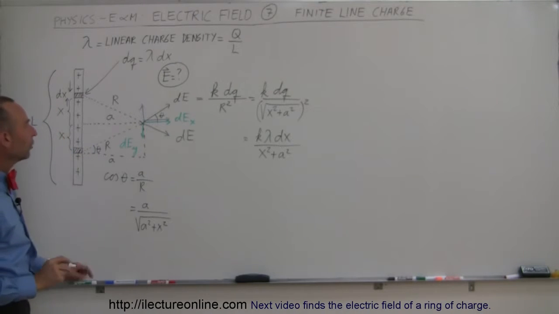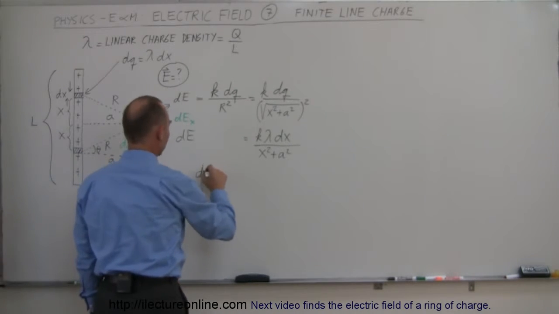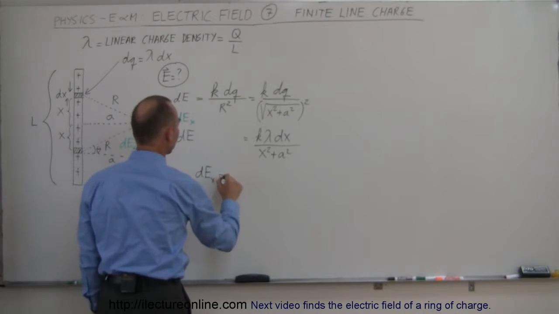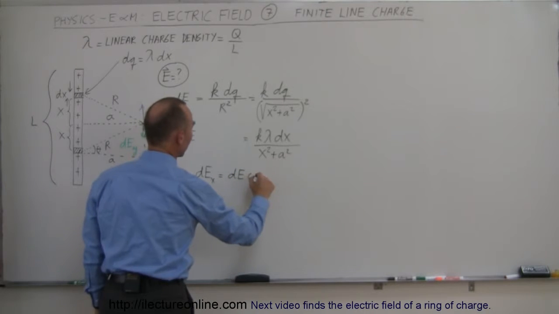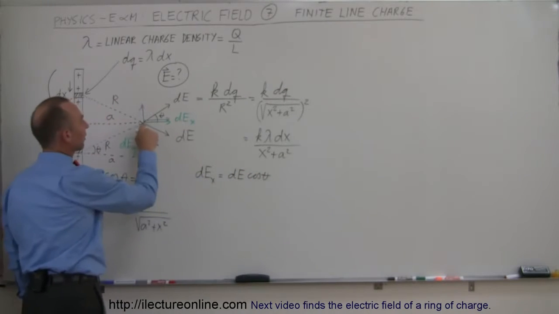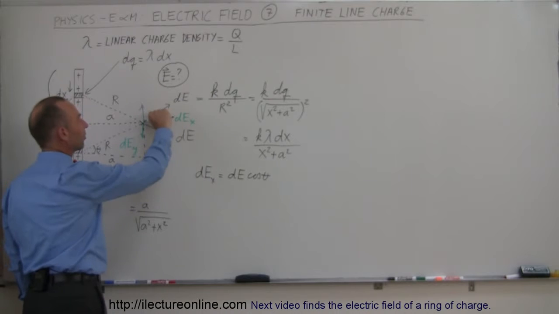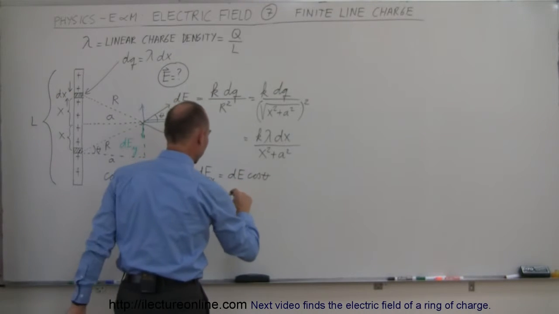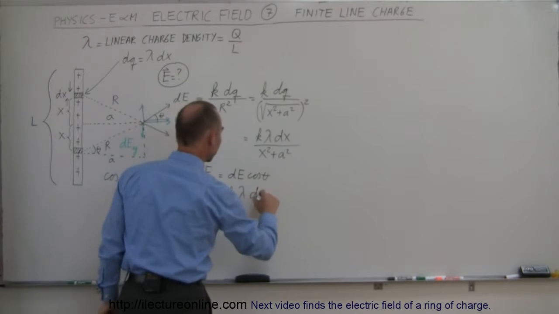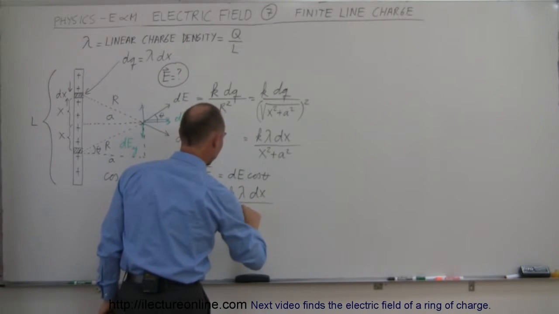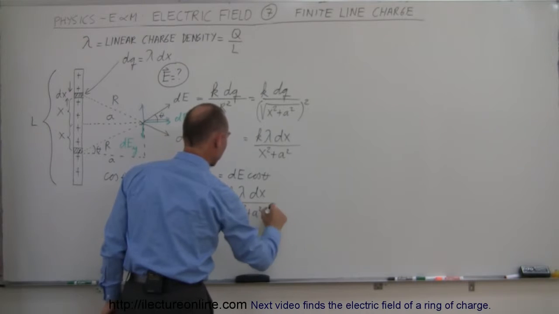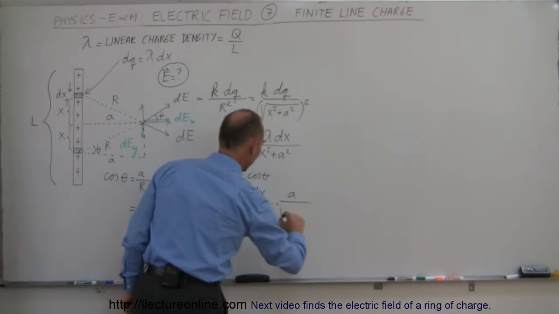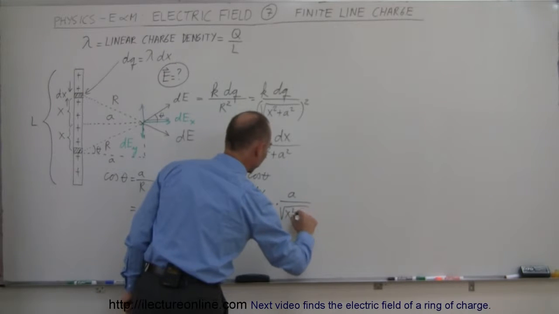All right, so then I know that dEx, the horizontal component of the electric field caused by one little line segment, is equal to dE times the cosine of theta. Notice that dEx is the adjacent side to the hypotenuse right here. So this is equal to k lambda dx divided by x squared plus a squared, and multiply that times the cosine of theta, which is a divided by the square root of x squared plus a squared.